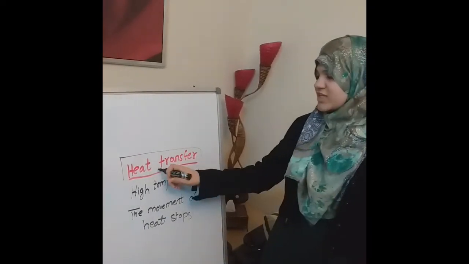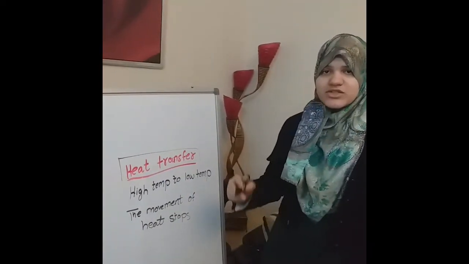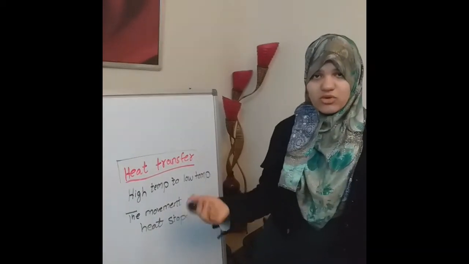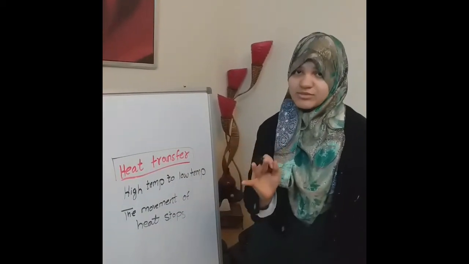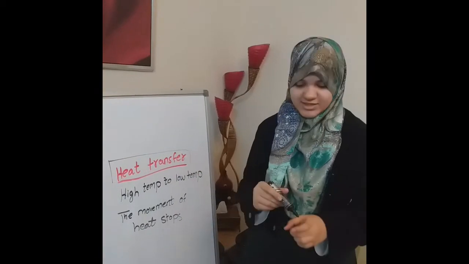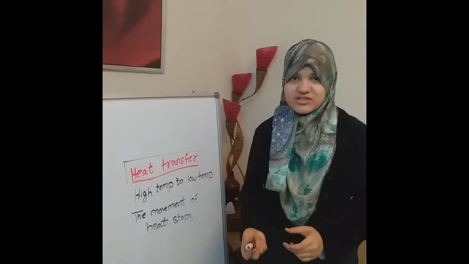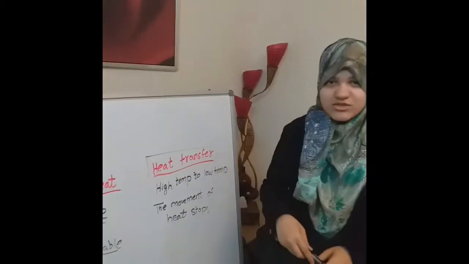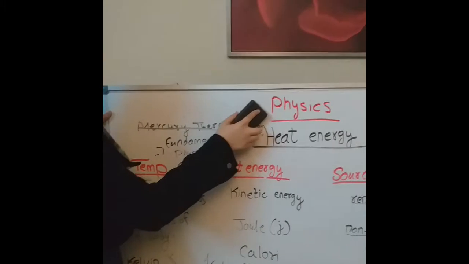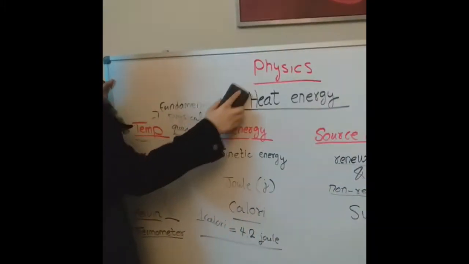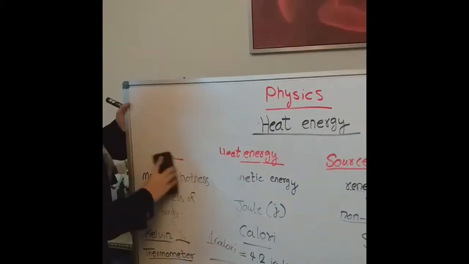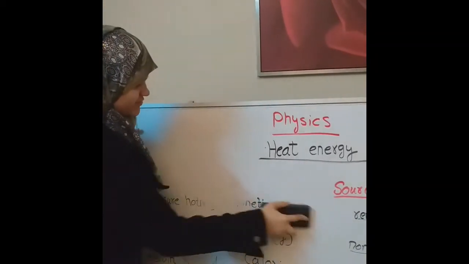We know that there are three types of heat transfer: conduction, convection, and radiation. What is the difference between them? And we will also discuss heat conductors and heat insulators.